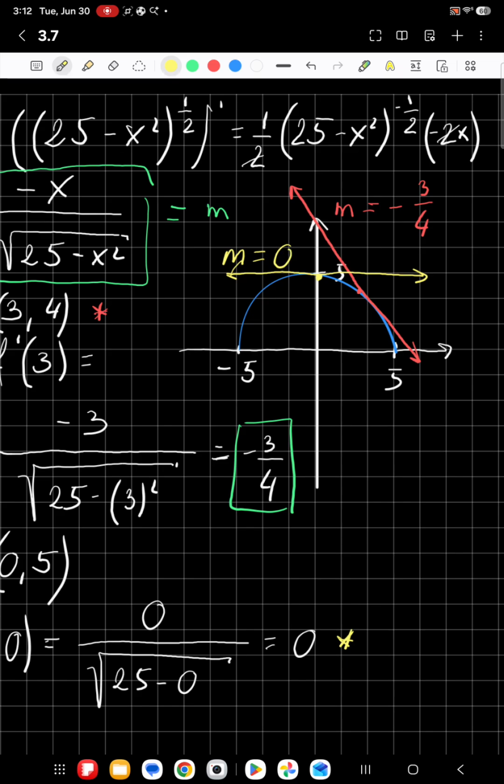Okay, and then the last one was, the point was right there, (5, 0), and this is the tangent line. Right, so I suspect the slope of this one will be undefined.